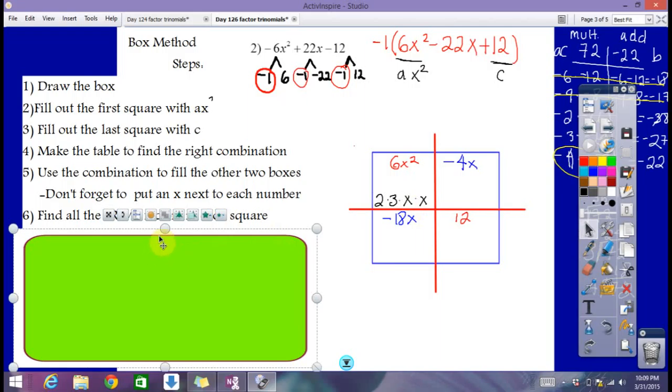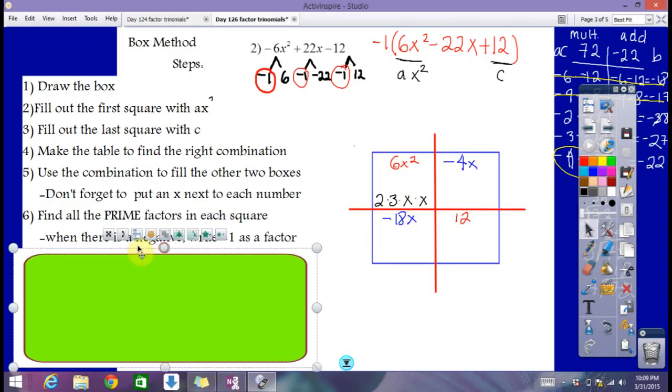When there's a negative, write the negative 1 as a factor. So negative 1 times, well, 4 is 2 times 2, and then times x. Negative 18, again a negative 1. And then 18 is actually 9 times 2. And 9 is 3 times 3.